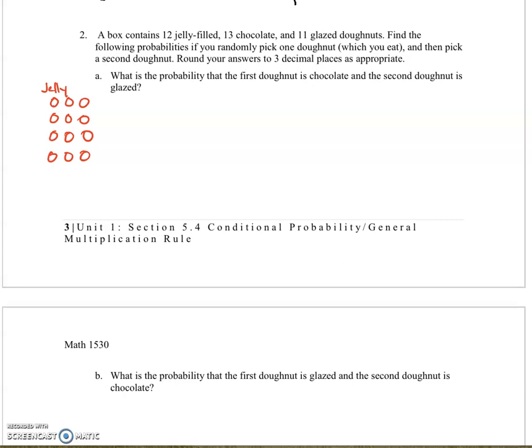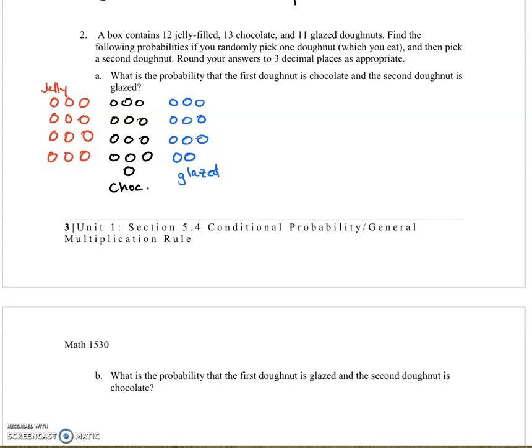Then we have 13 chocolates, 1 through 13. And we have 11 glazed, 1 through 11.